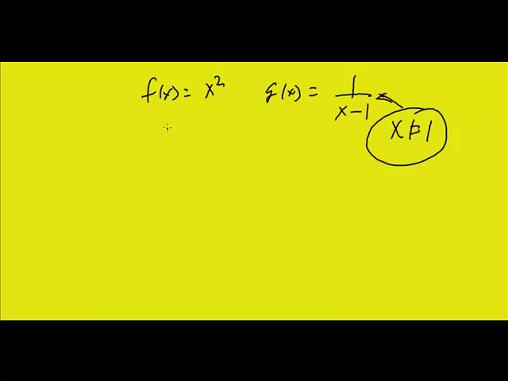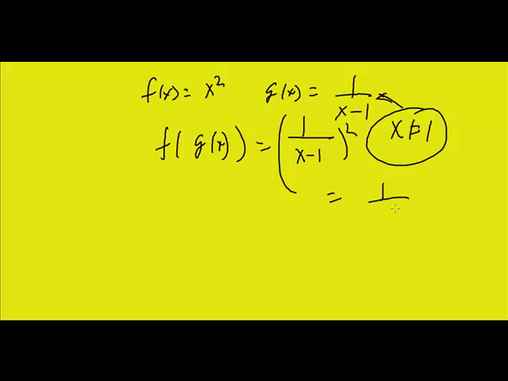So if I'm going to find f of g of x, I'm going to get 1 over x minus 1, and then I'm going to square that, which is going to give me 1 over x minus 1 quantity squared. Look, this one is still discontinuous at x is equal to 1.